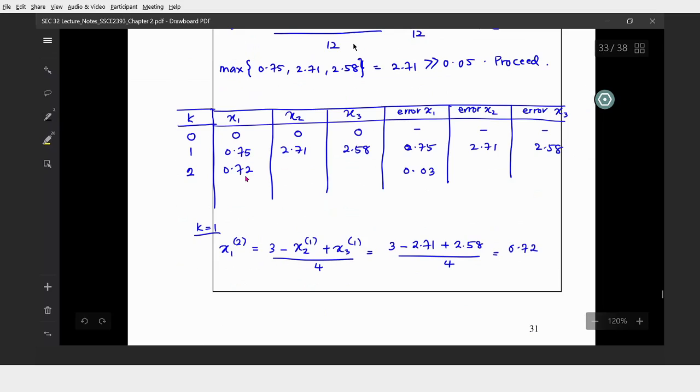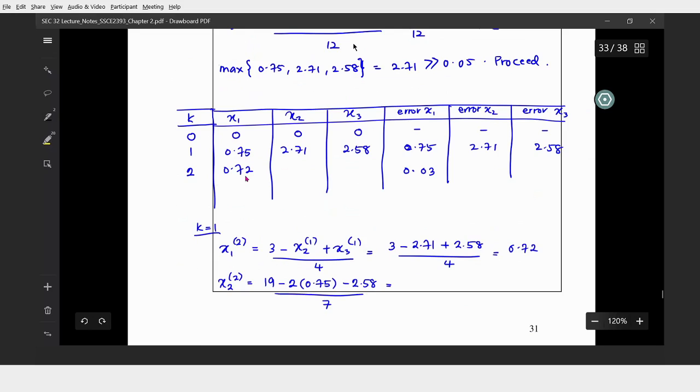Okay? So the same process for the x2, you will have x2 2. So now the formula is 19 minus 2x1. So I just put straight away here, x1 at the previous iteration, which is 0.75. So you put that value. Minus x3 is 2.5 over 7.